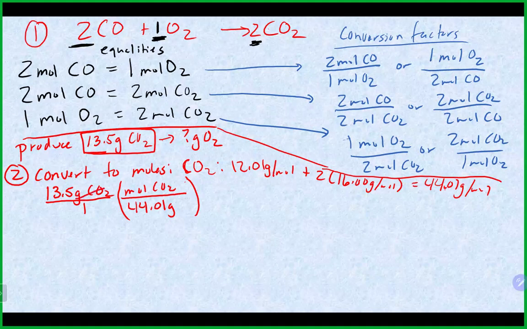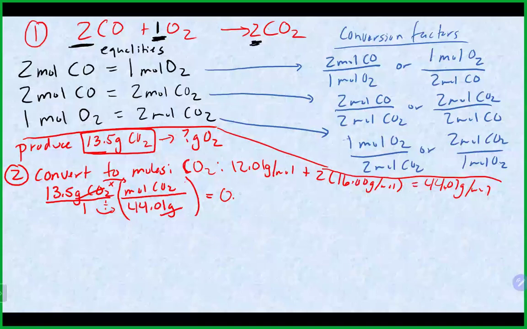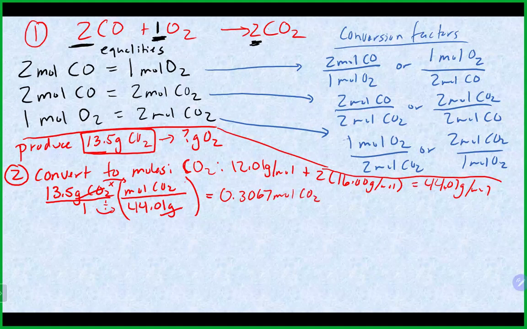We're going to multiply the top and divide the bottom, and that's going to give us our moles of CO2. So 13.5 divided by 44.01 is going to give us 0.3067 moles of CO2.